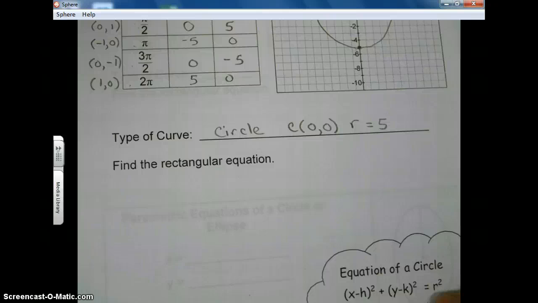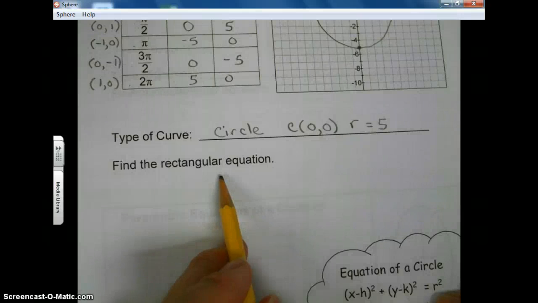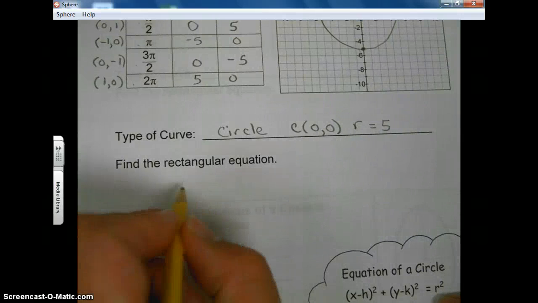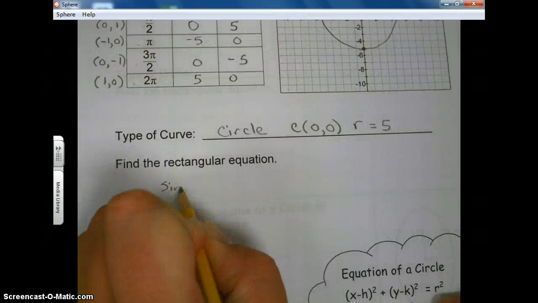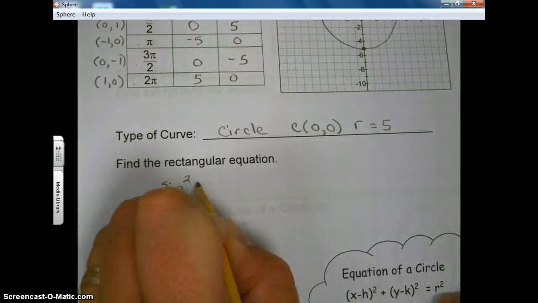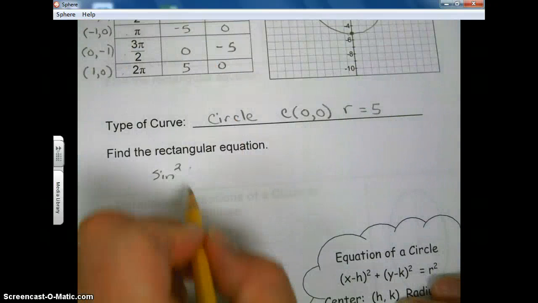All right, find the rectangular equation. What we need here is an equation that has sine of theta and cosine of theta. If you'll remember our Pythagorean identity, sine squared of theta. In this case we use t instead of theta, but we know that it's an angle.